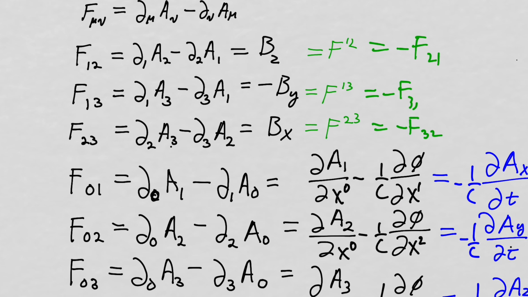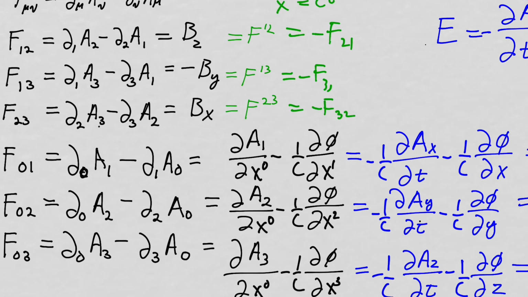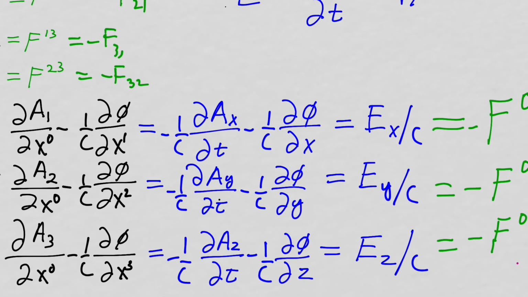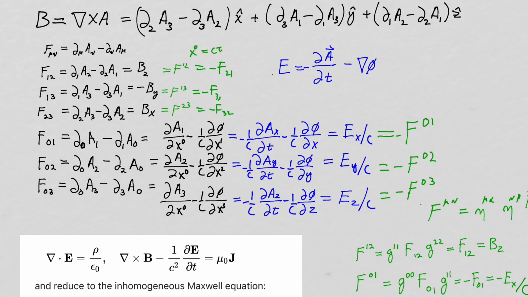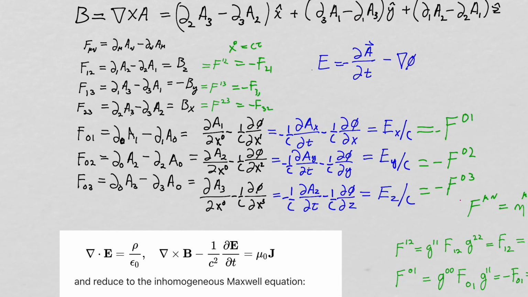But remember, x0 equals c times time. So if I convert that to a time derivative, I get a 1 over c out here, and I end up with Ex over c as the answer for the 0, 1 covariant component of the electromagnetic field tensor. So that's where these little c's come from when you do it.